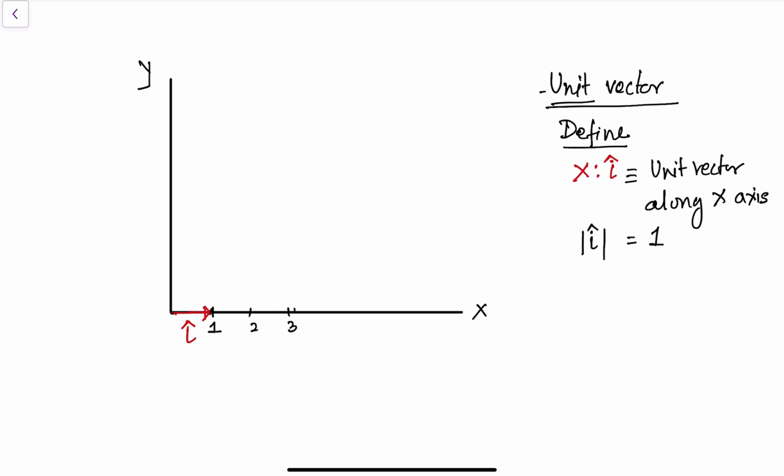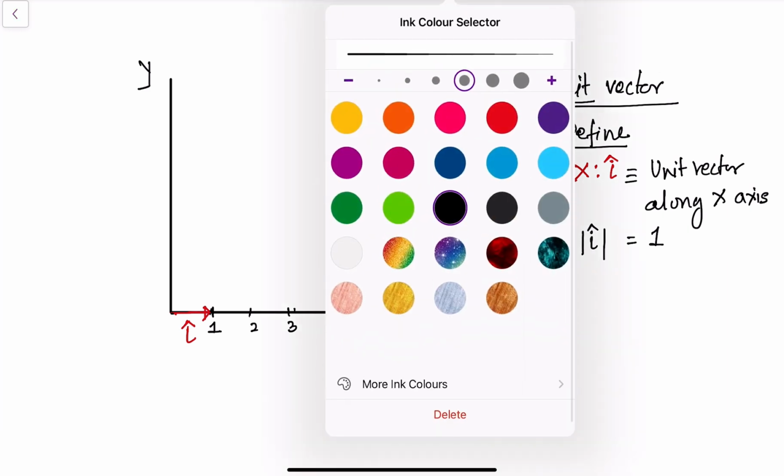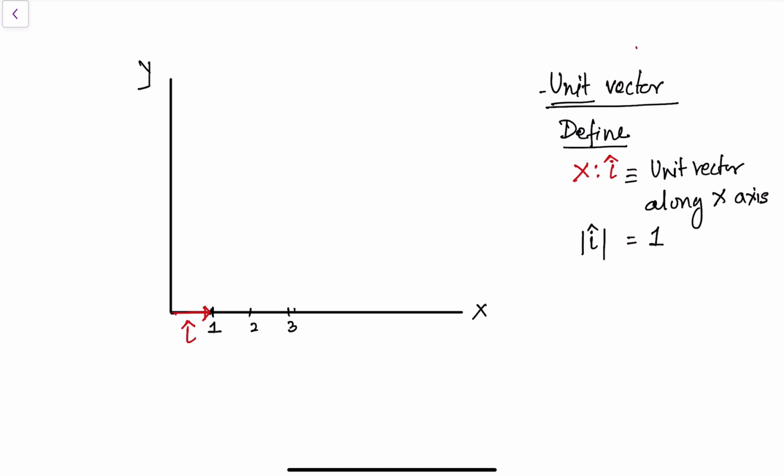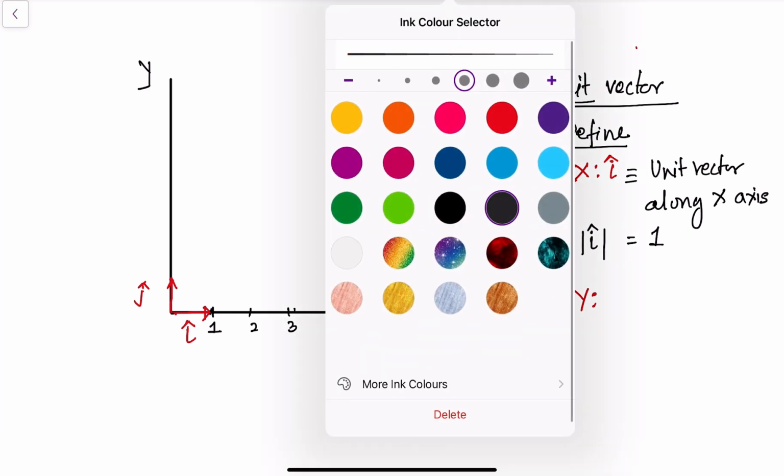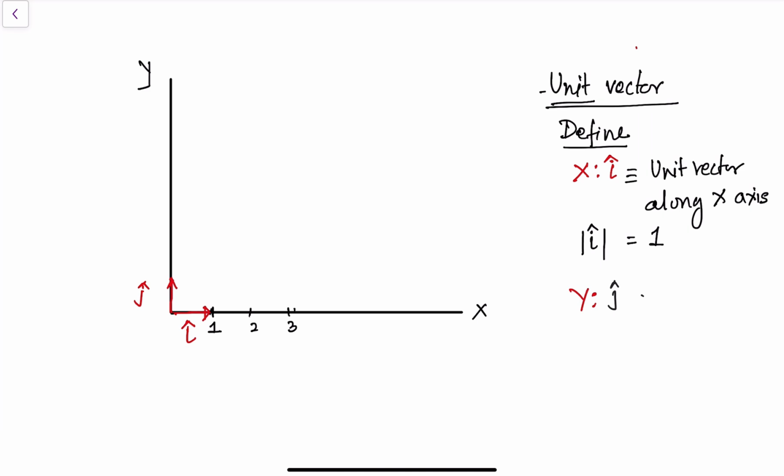Okay, now we will look at the y-axis. How can I define a unit vector on the y-axis? I can take a similar unit vector on the y-axis, and I will call this j cap, small j. So j cap is the unit vector along the y-axis.